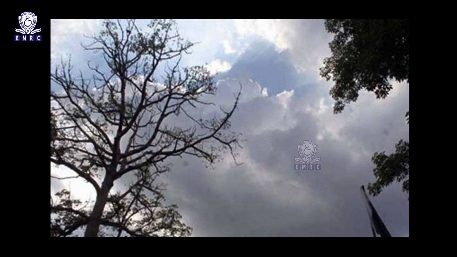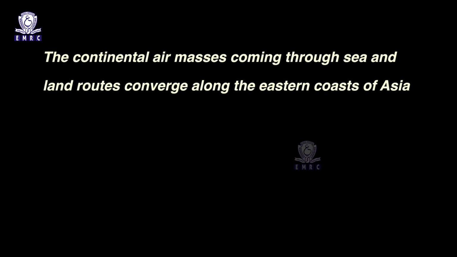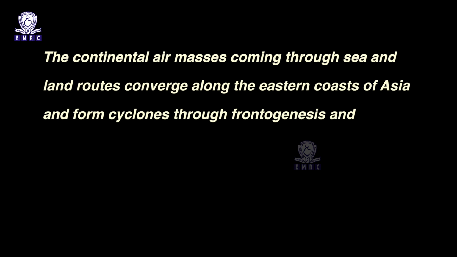Until they are associated with fronts, they are characterized by clear sky and pleasant weather. The lower portion is unstable and thus they give precipitation when they ascend along the mountain barriers. The continental air masses coming through sea and land routes converge along the eastern coast of Asia and form cyclones through frontogenesis and cause precipitation.